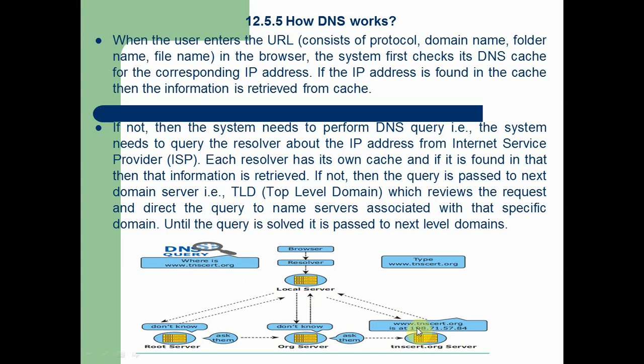In this server, if the web page IP address is found, then this server returns the IP address of that web page, that is the domain name tnscrt.org, to the local server. The local server returns it to the resolver. The resolver returns the IP address to the browser. By using the IP address, that particular web page can be accessed by the user. So this is how the whole DNS system works.